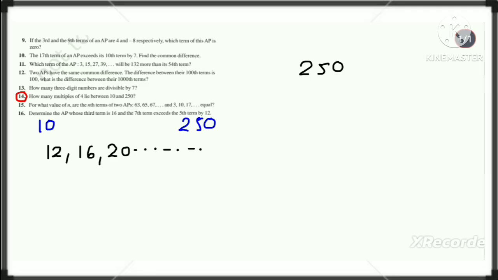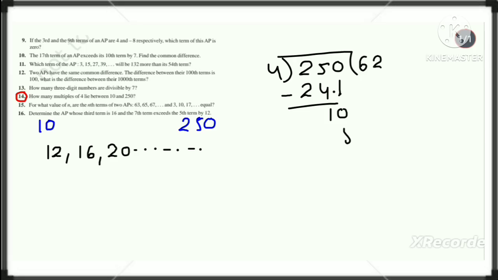250 divided by 4, 4 6s are 24, and after subtracting here will be 1, and this 0 comes down. 4 2s are 8. Now after subtracting the remainder will be 2.